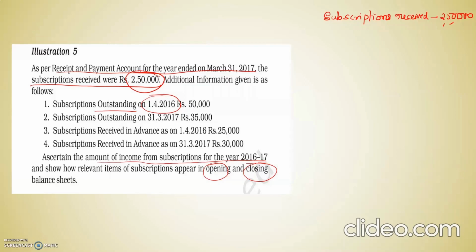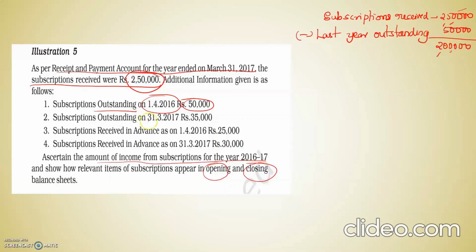Last year we did not receive subscription amounting to 50,000. It is included in this 2,50,000. So it belongs to last year. We have to remove that, minus last year outstanding, 50,000. 2 lakh remaining.